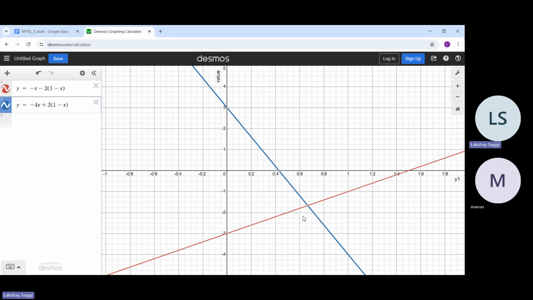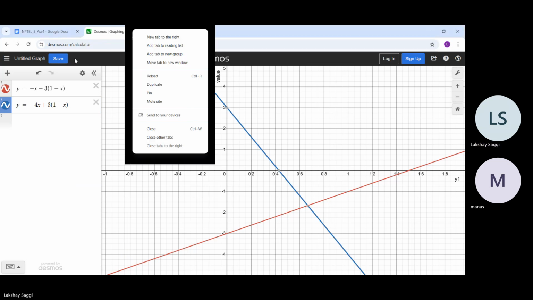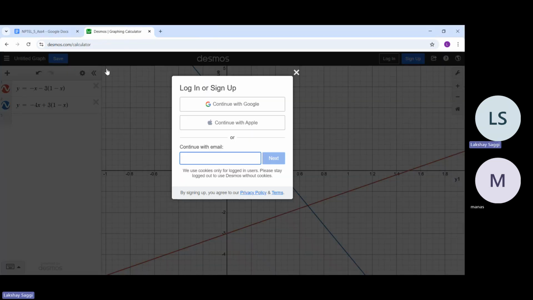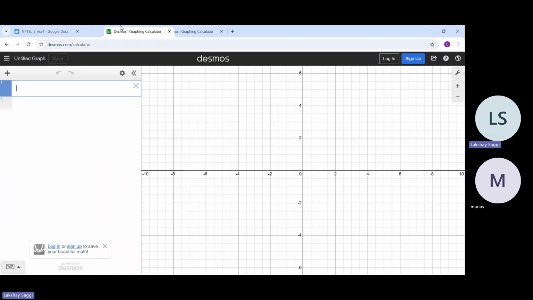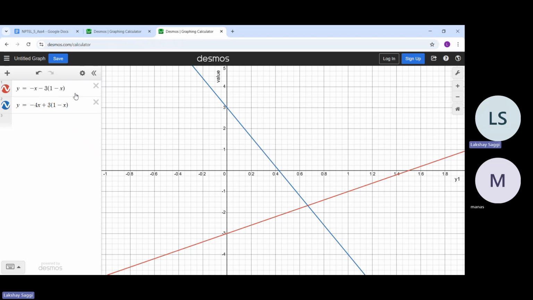Let's have a new one because I want to save this plot, because maybe we will be using this plot further.